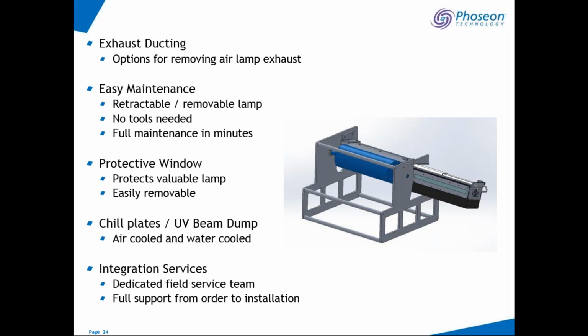Maintenance, putting in these retractable capabilities, to be able to get to the window. We do recommend that you're checking the window often to make sure that it's clear. The light can hit that ink, and if the ink is cured right on the window, that light can bounce back into the lamp or create more heat because it's not being released outside of the lamp.